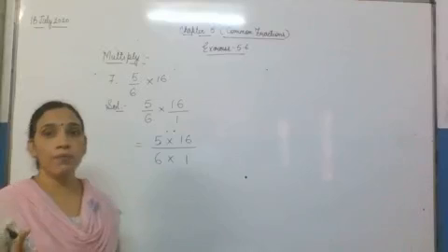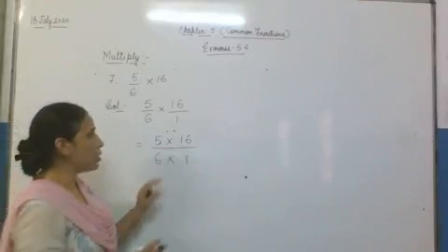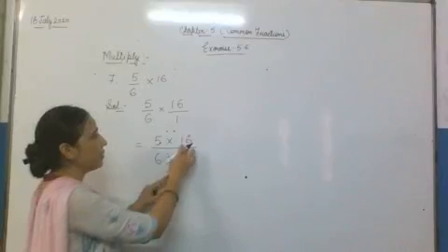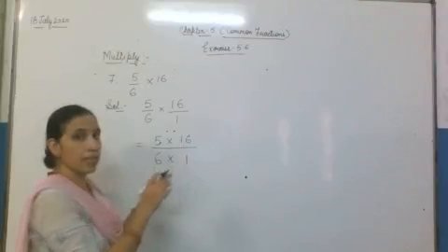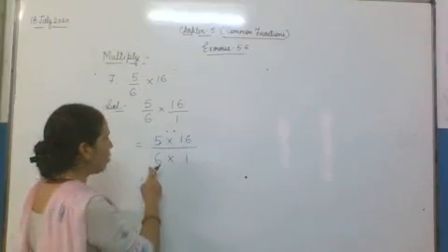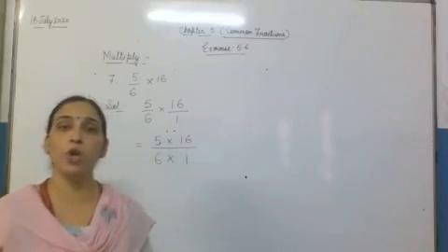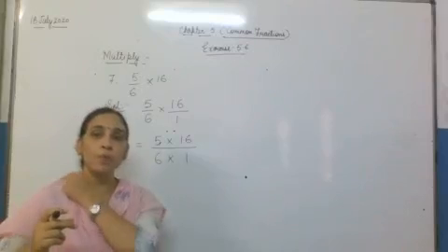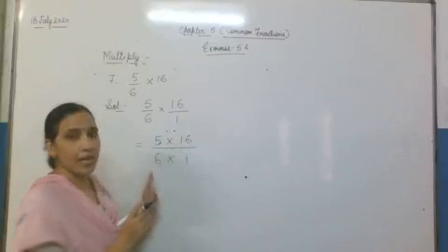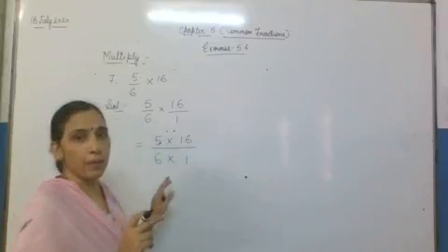Now yesterday I told you that in this step also you can reduce. If you get any number, like here we have 16, which is an even number and comes in the table of 2, and below we have 6, which is again an even number and comes in the table of 2. So we can cancel the 16 and 6 from the table of 2 in this step.